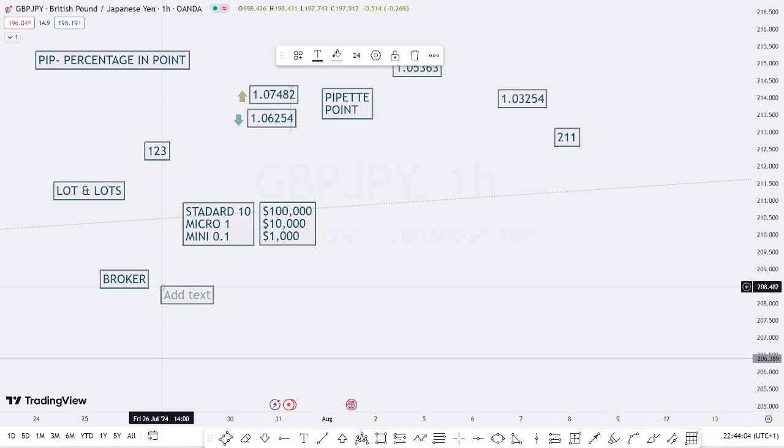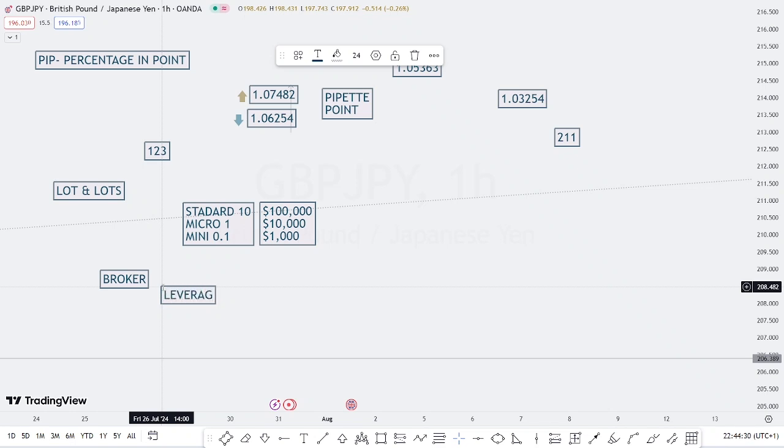I gave you terminology: pips, lot and lot size, brokers, leverage, and so on. You can see how all of them are now linking up. If you don't know about brokers, you can never know about leverage. If you don't know about lot size, you can never know about pips. All of them connect together, and you have what is now called leverage.